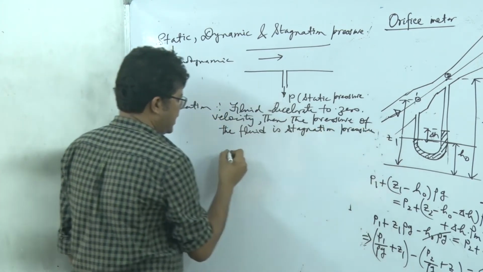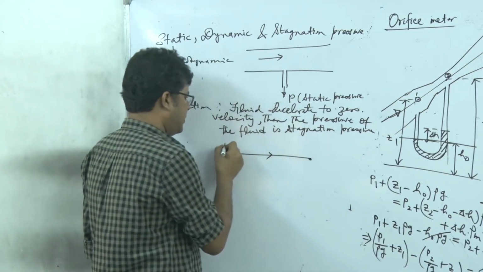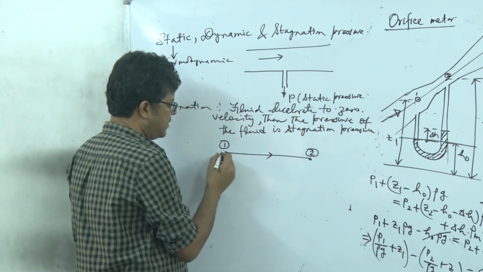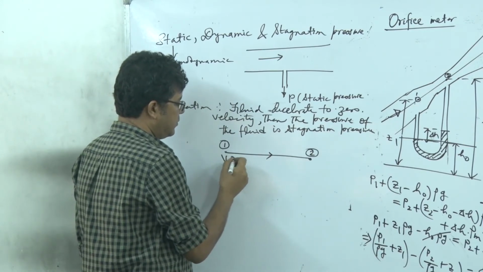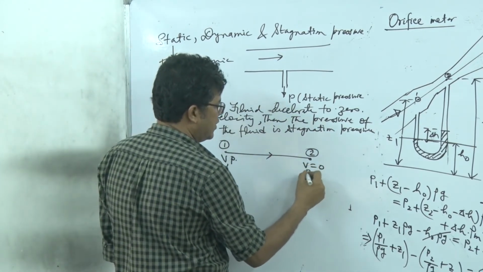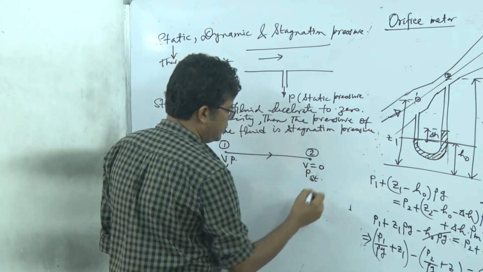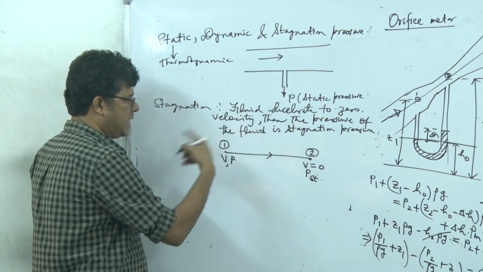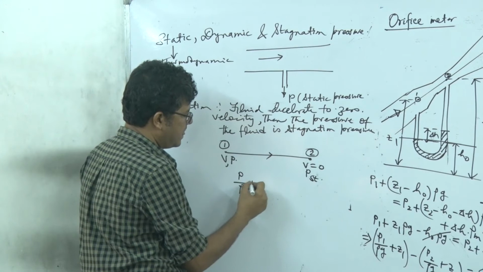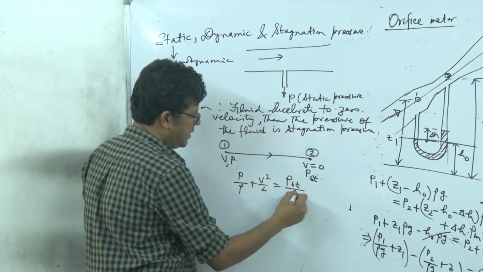If I think of two different points, point 1 and point 2, at point 1 you have velocity V and pressure P, which is the static pressure, and at point 2 the velocity is 0 and the pressure is P stagnation. If I apply Bernoulli's equation between these two points, we get P by rho plus V square by 2 is equal to P stagnation divided by rho.